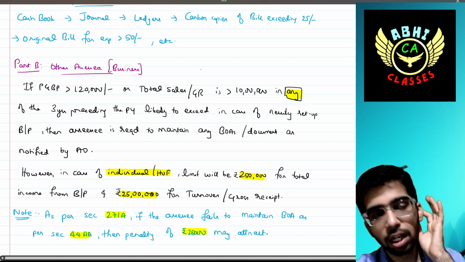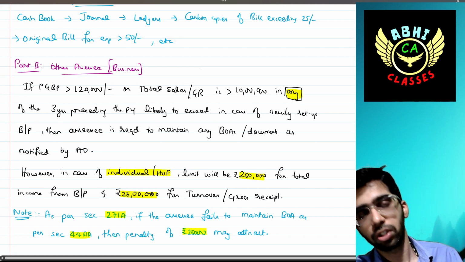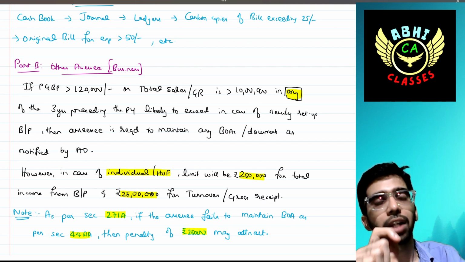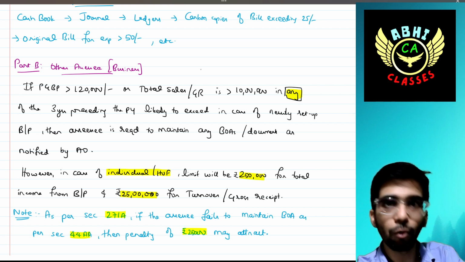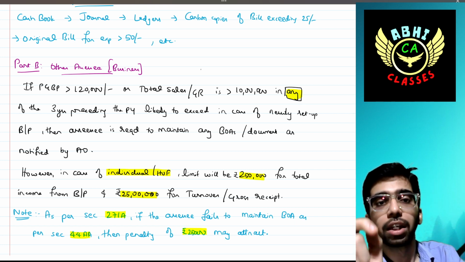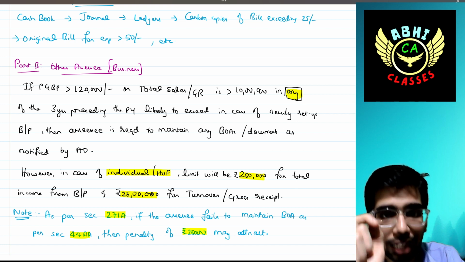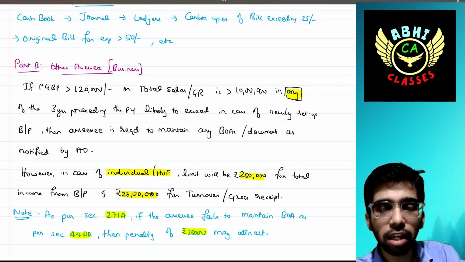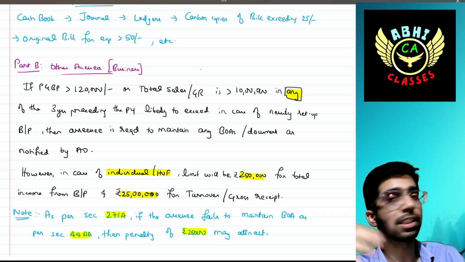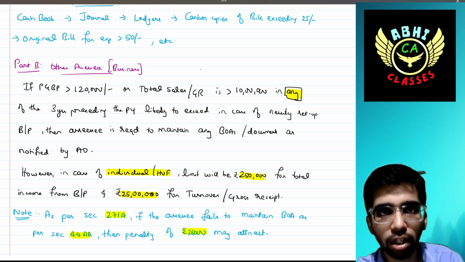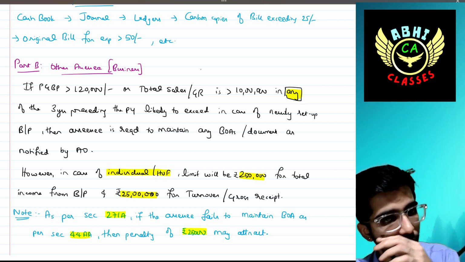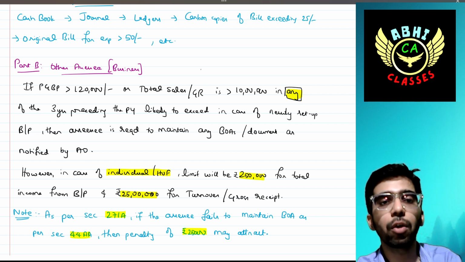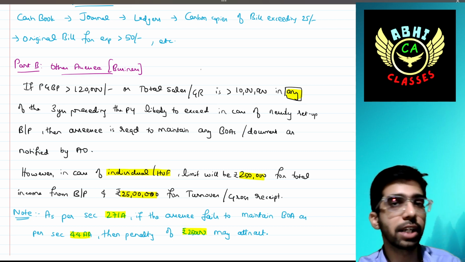Then Part B says other than specified professions. If you are not a professional, if you are just handling a business, and the PGBP income, that business income, is more than 1,20,000, or the total sales, total turnover, is more than 10 lakh in any of the 3 preceding previous years, that word 'any' is very important, then the person is required to maintain books of accounts as notified by the assessing officer.